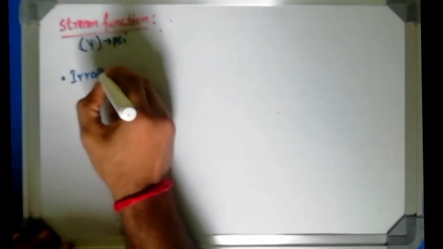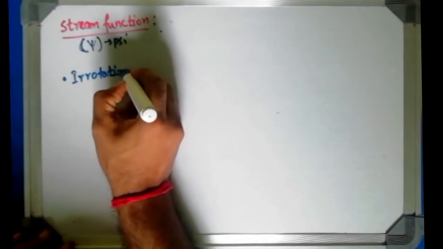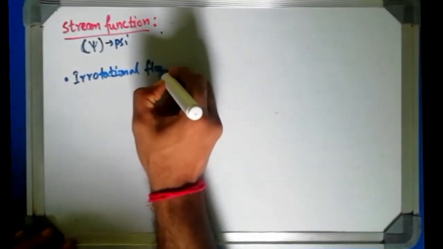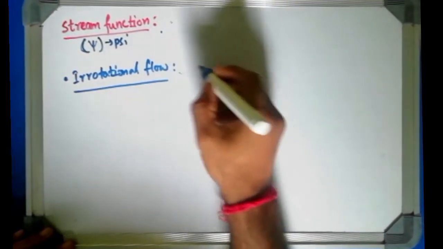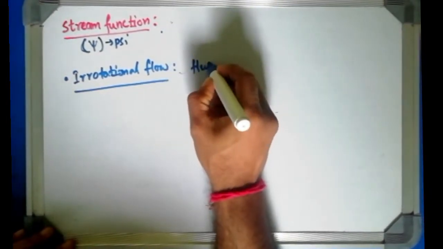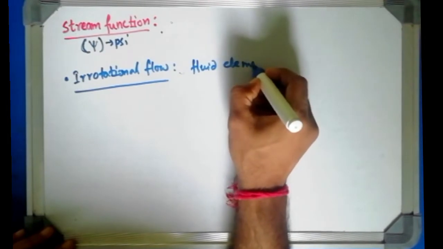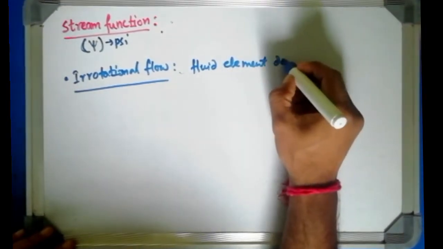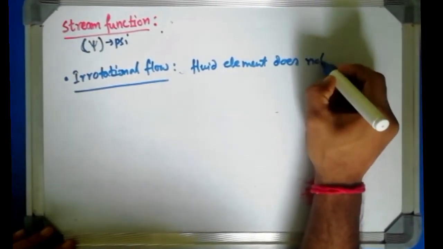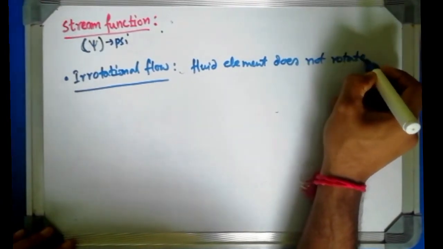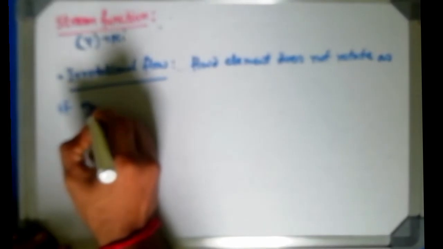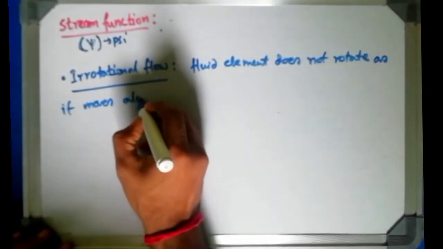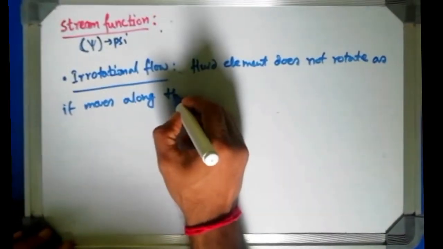So first, for irrotational flow, what does this mean? That means inside a fluid flow, the fluid element does not rotate as it moves along the streamline.